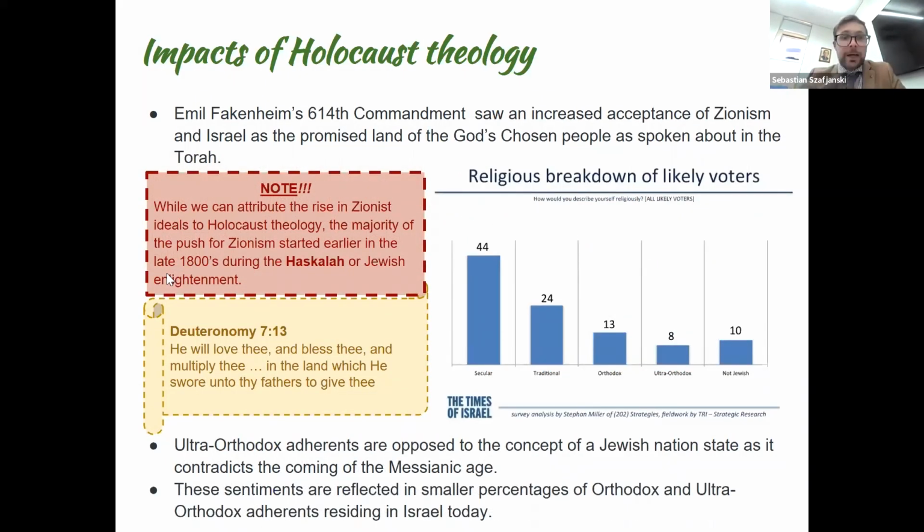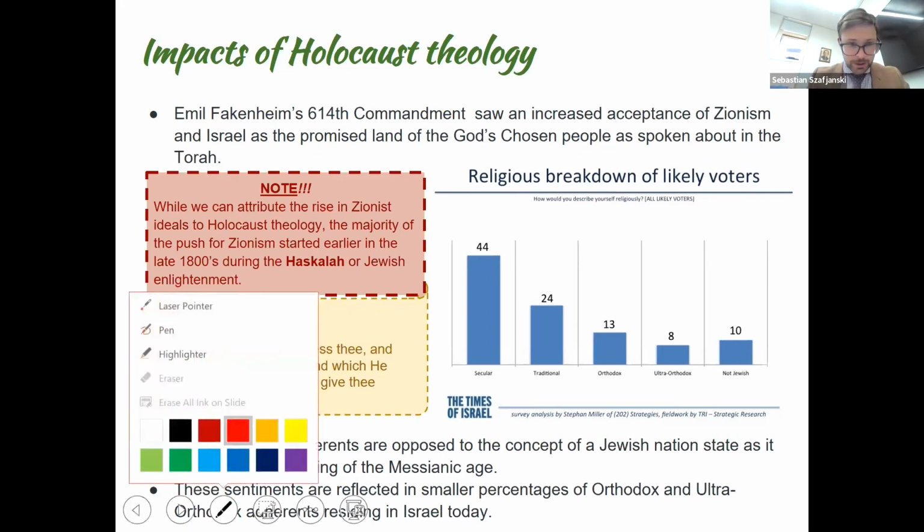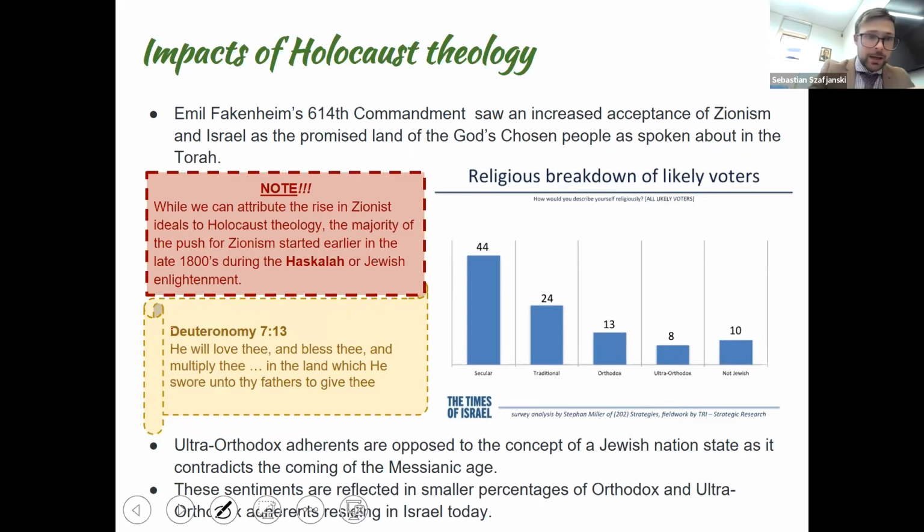So Emil Fackenheim's 614th Commandment saw an increased acceptance of Zionism and Israel as the promised land of God's chosen people, spoken about in the Torah. But what's really important to note in this section, and I always want people to remember when you're talking about this, is that during the Haskalah, or the Jewish Enlightenment, that period in the late 1800s, was when Zionism really saw a rise.